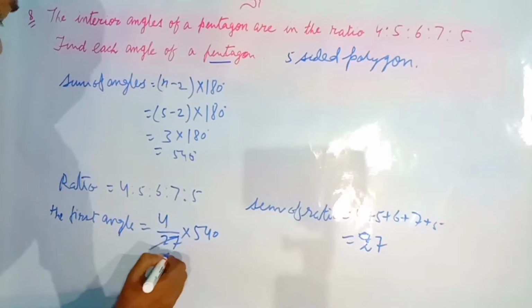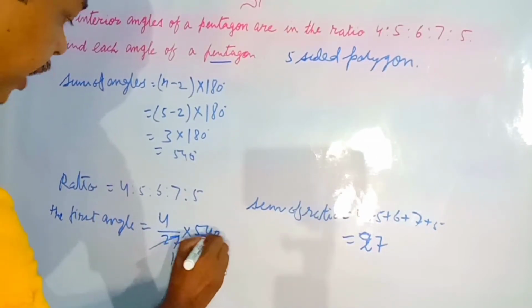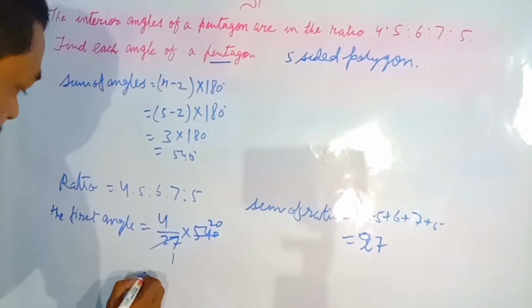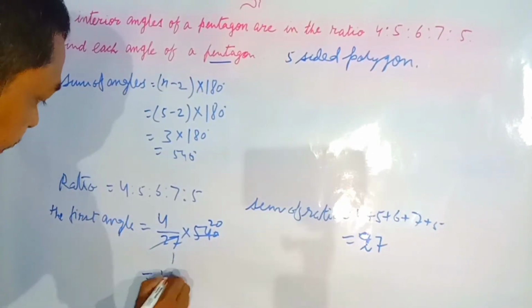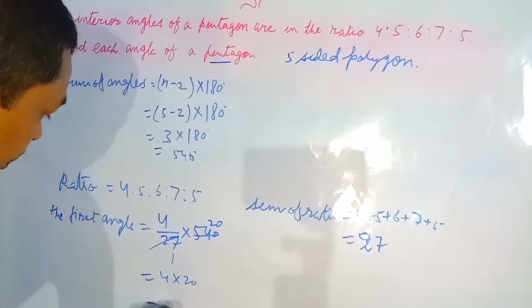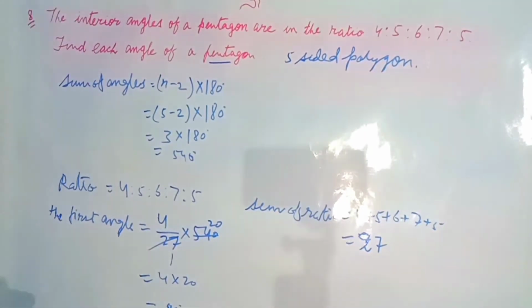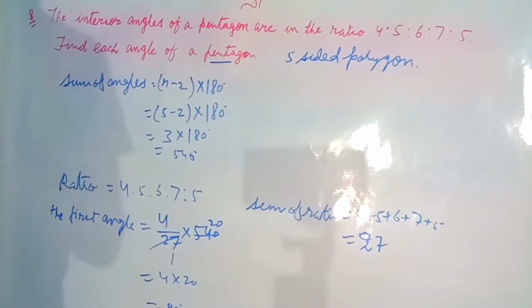Then we cancel: 27 times 1 is 27, and 27 times 20 is 540. Then 4 into 20, and the answer is 80 degrees. So the first angle of the polygon is 80 degrees.